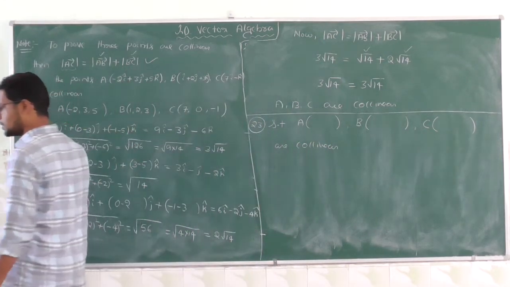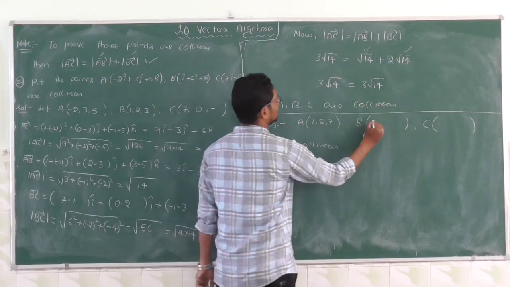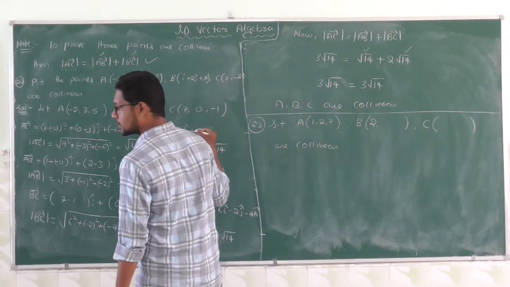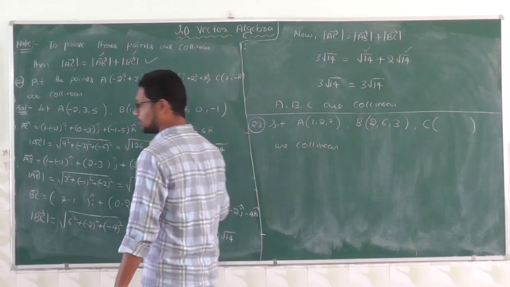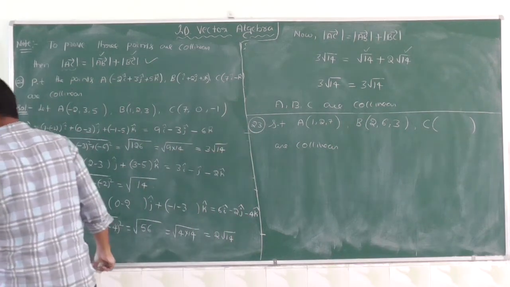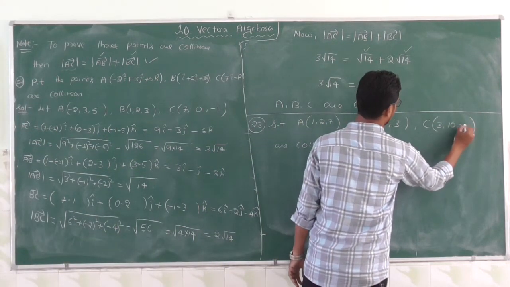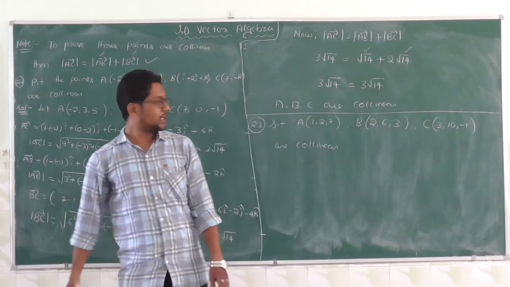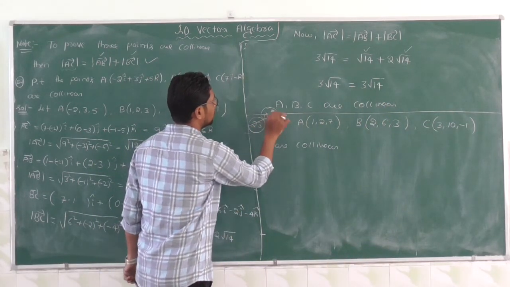The point A is 1 2 7, point B is 2 6 3, and point C is 3 10 minus 1. It is a homework problem for you. You just do it at home.